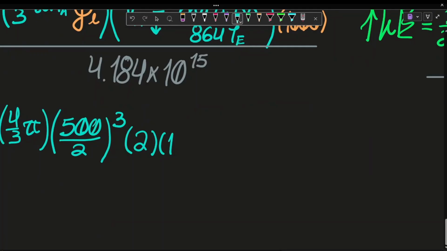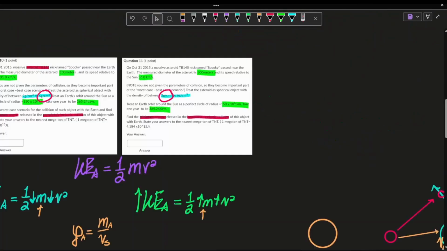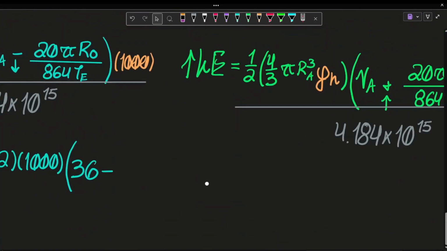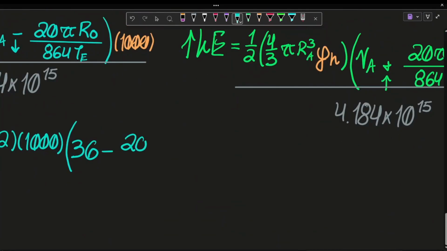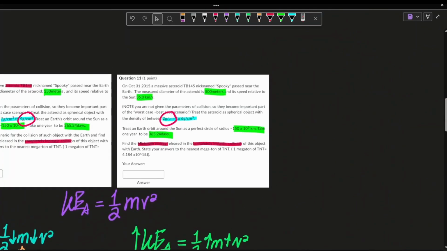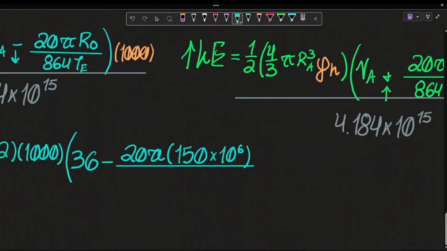And then also times the velocity, so 36 minus 20 pi. The radius was 150 times 10 to the 6, I think. Is that what it was? 150 times 10 to the 6 kilometers per hour over, of course, 864.